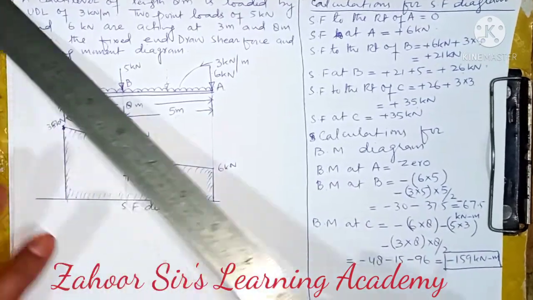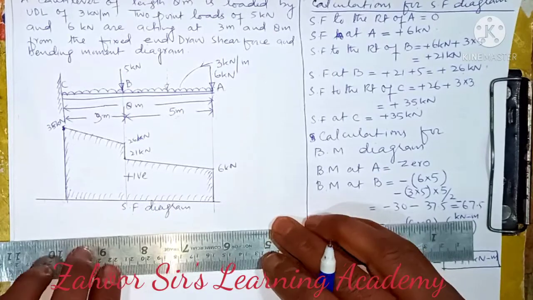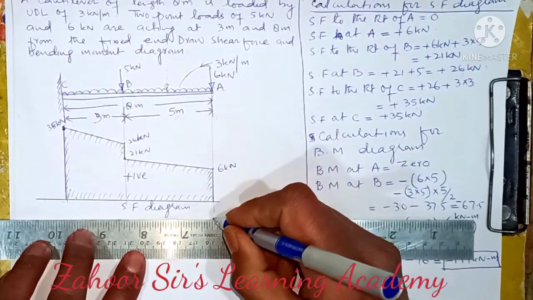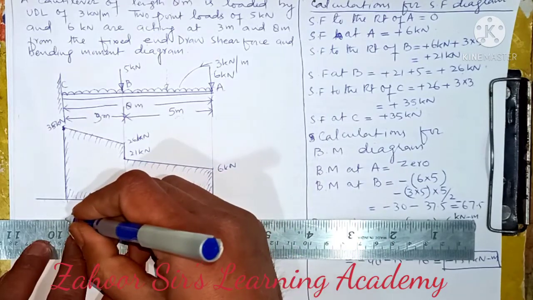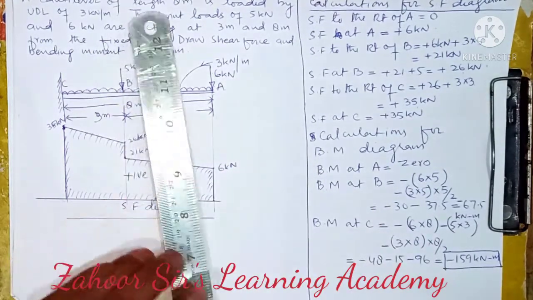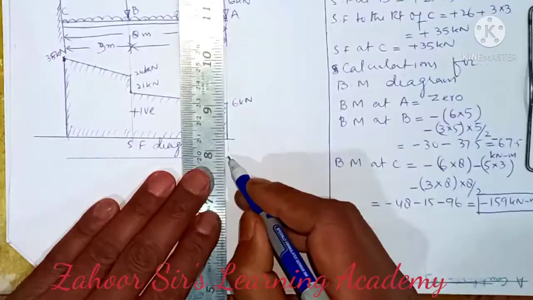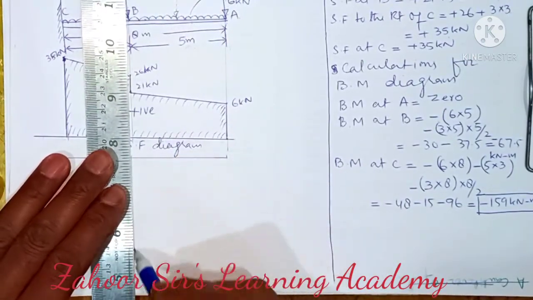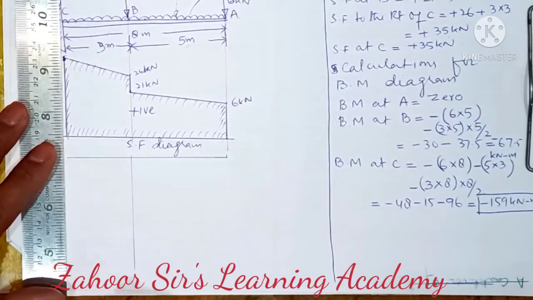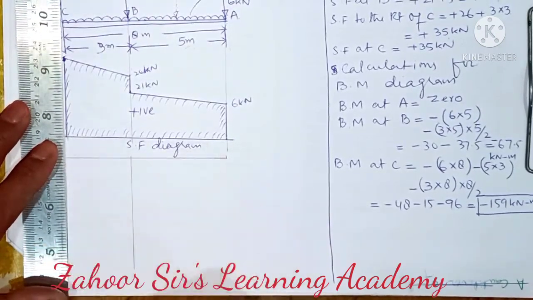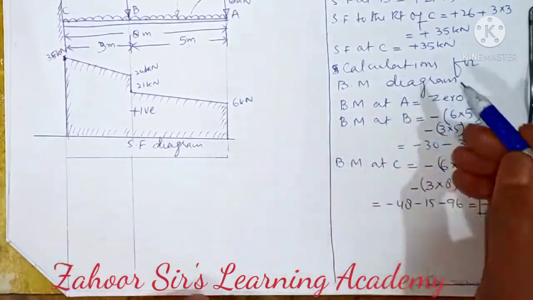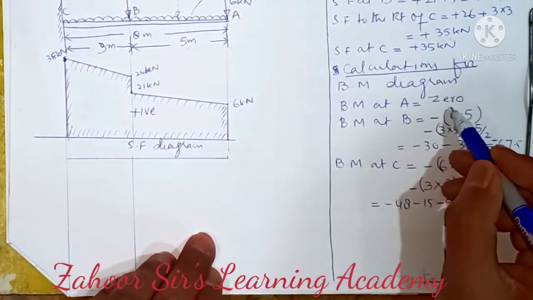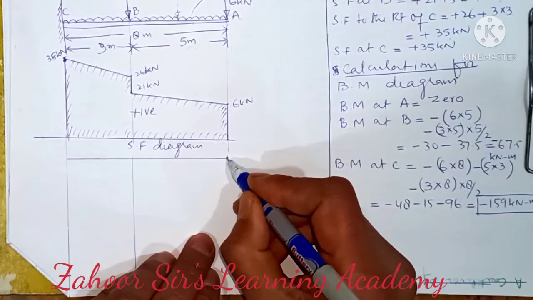Now we need to draw the BM diagram. I will draw one more baseline, similar to the earlier one. This is another baseline for drawing the BM diagram. I will get these points, A and B, very light. Okay, now let's see the calculations. The BM at A is 0, that means it's here only.